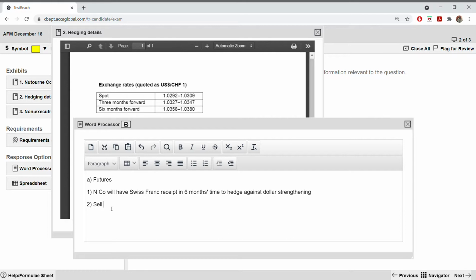So sell, you have to tell sell what, the currency you have to mention. That's why I'm writing these answers, because I want to show you the full answer. All this is important. You cannot make the answer shorter than this. You cannot eliminate any of these words. Some answers, when you see the mark scheme, you have to write as it is. There is no way that you can make your sentence short.